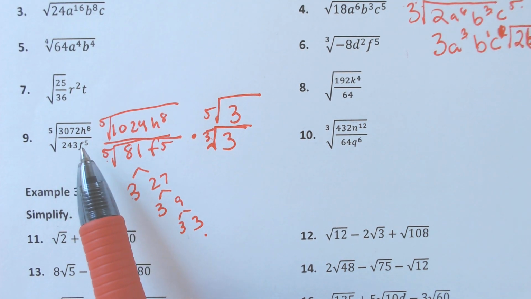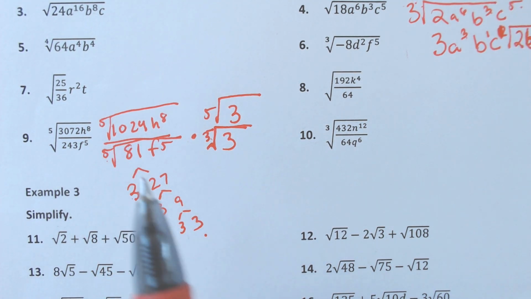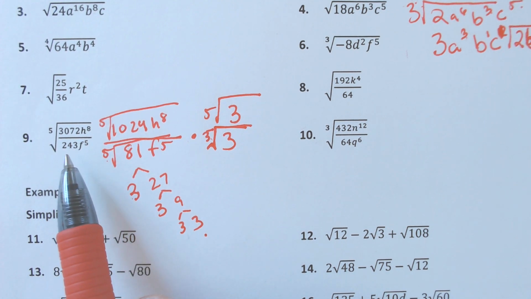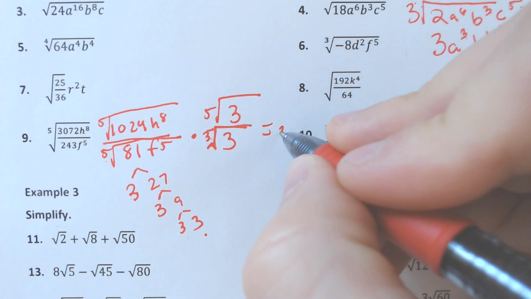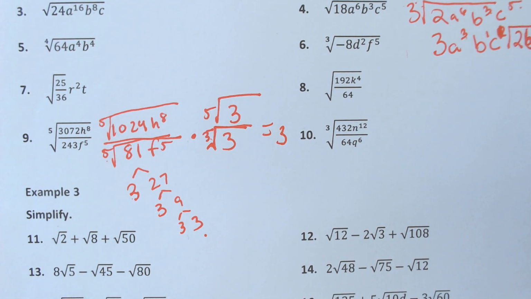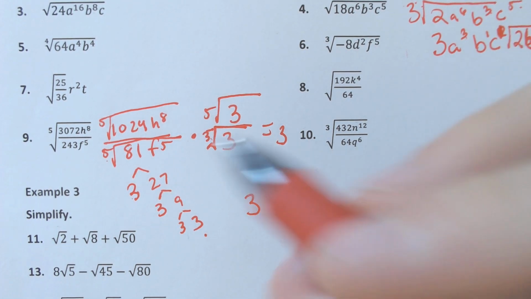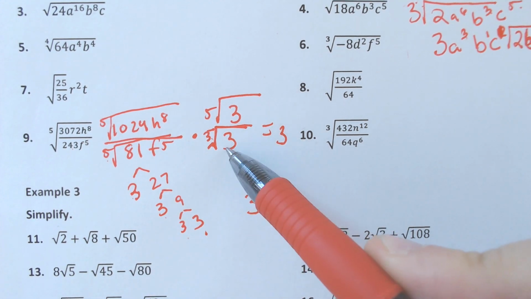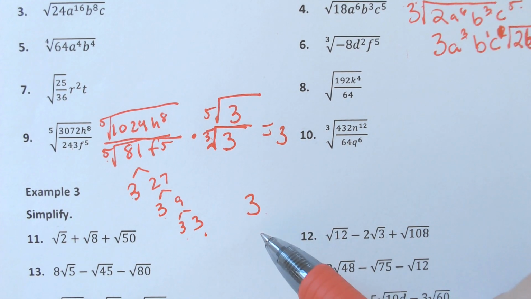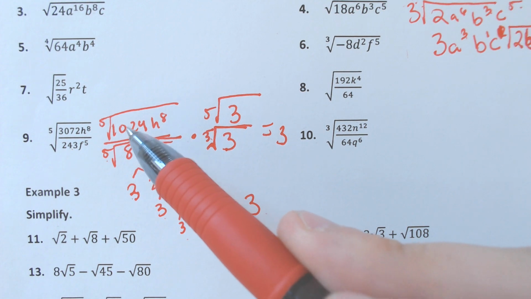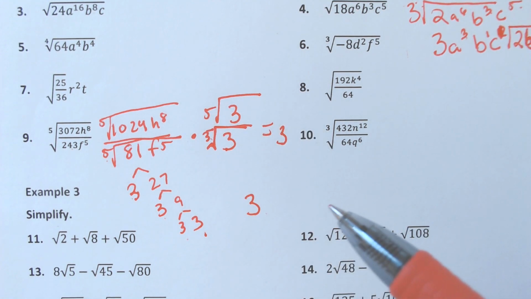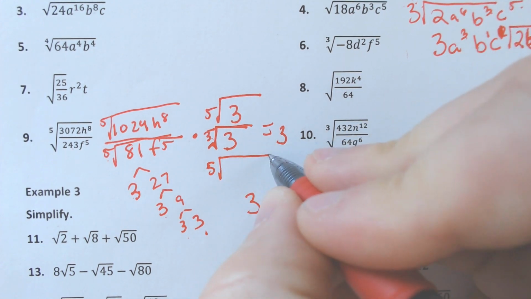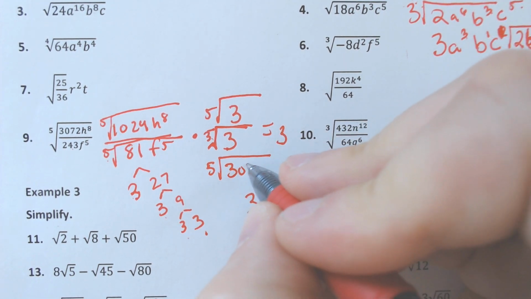So that whole simplifying thing actually backfired big time on us, because apparently the 5th root of 243 is just 3. I'm going to write it down here because I'm out of room. The 5th root of 243 is just 3, because we have 1, 2, 3, 4, now 5 3s, and we get 3. And if we multiply the 3 times that 1,024, you're going to get the 5th root of 3,072 again.